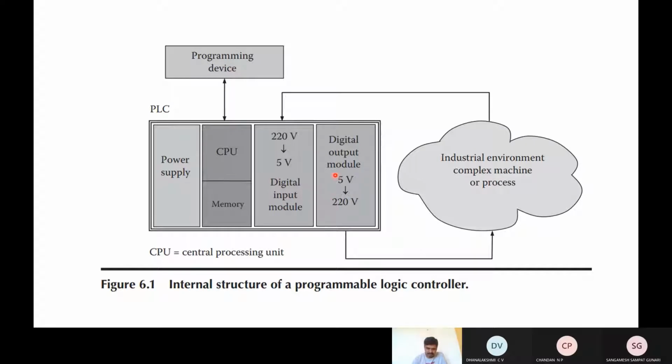Then in the output module, once again the voltage will be increased from 5 volts to 230 volts. Since machines operate at 230 volts, they need input at that level, that's why it will be increased. For the execution of the logic, it is reduced from 230 volts to 5 volts.